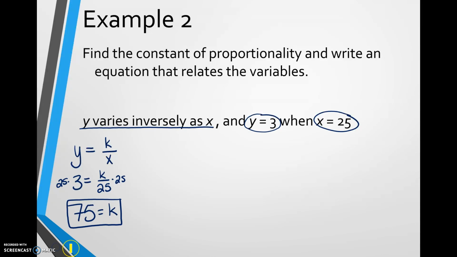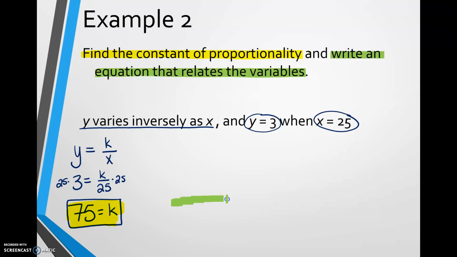Okay, so the first part of the direction said, find the constant of proportionality. That is what we did when we found k equals 75. We are not done yet because now it says, and write an equation that relates the variables.